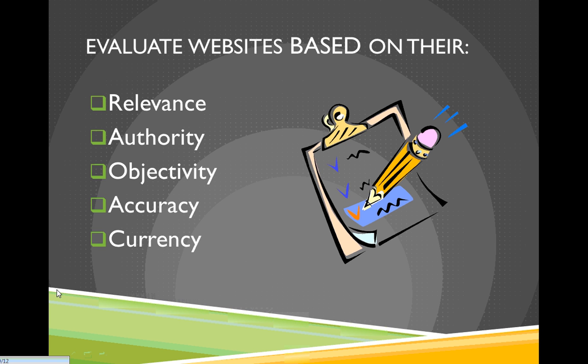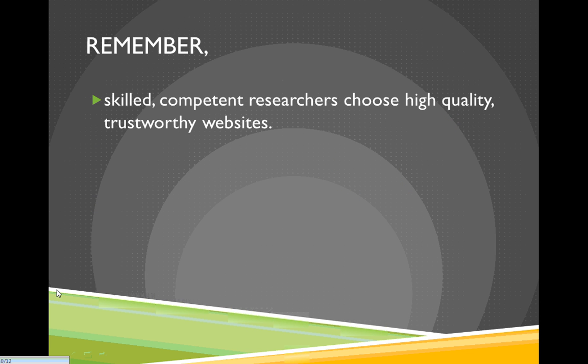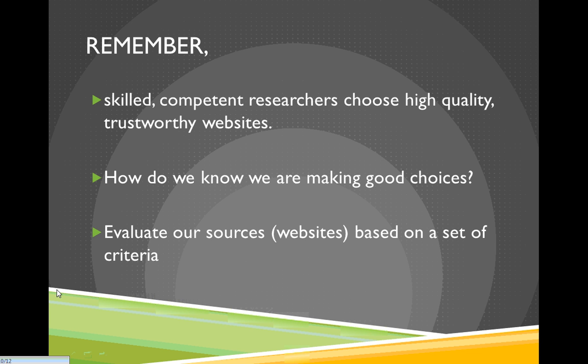How recent is the site and the information presented on it? Remember, skilled, competent researchers choose high-quality, trustworthy websites. They make good choices, but how? Evaluating sources or websites based on a set of established criteria.